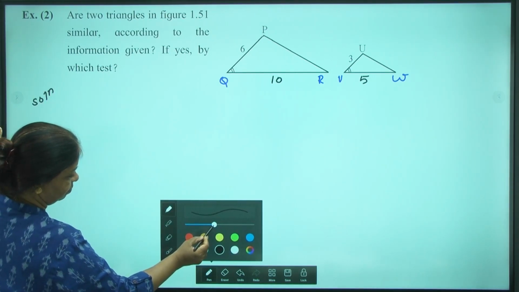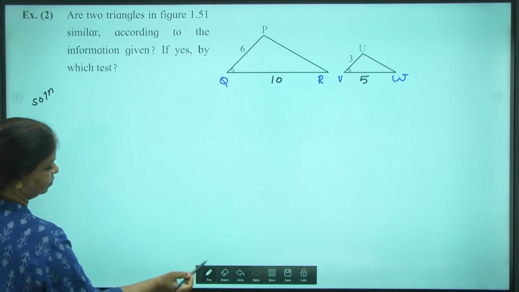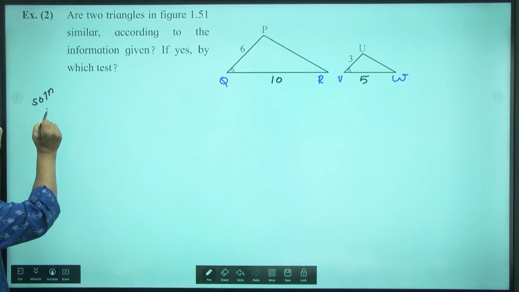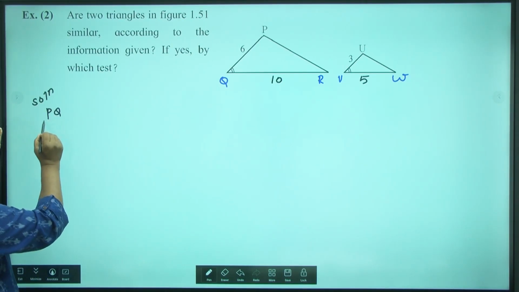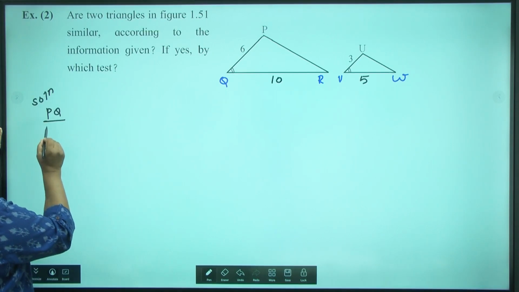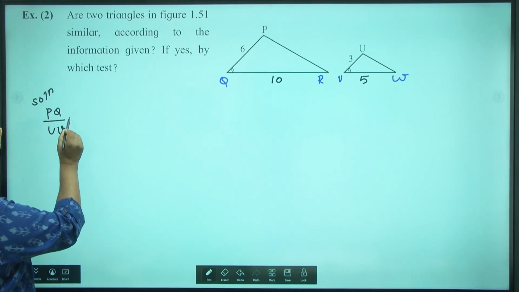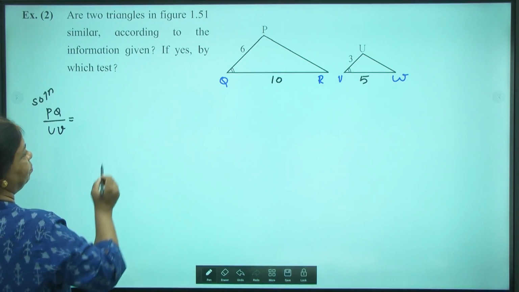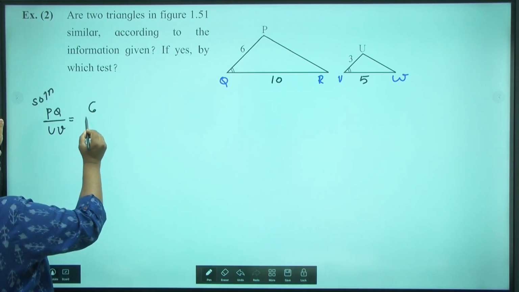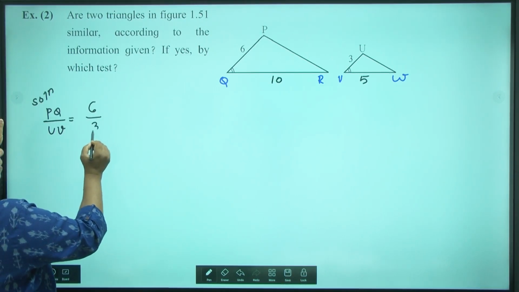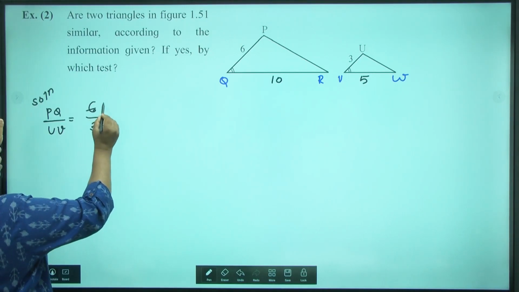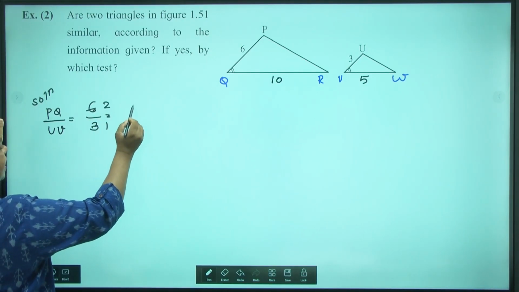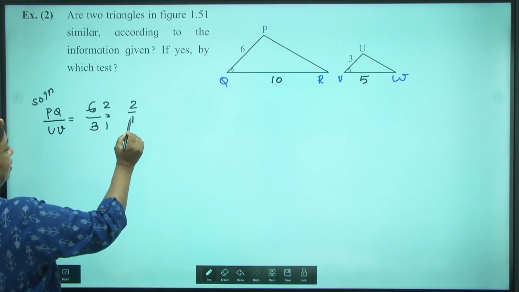Let me make the pen a little smaller. Let me take PQ upon UV, corresponding sides. PQ is 6 and UV is 3. So 3 ones are 3, 3 twos are 6. So what did we get? We get 2 upon 1.